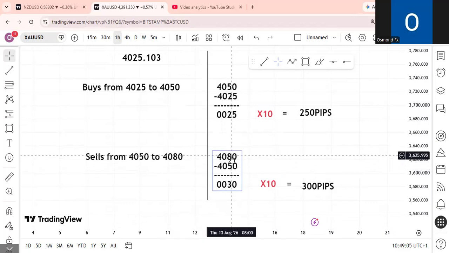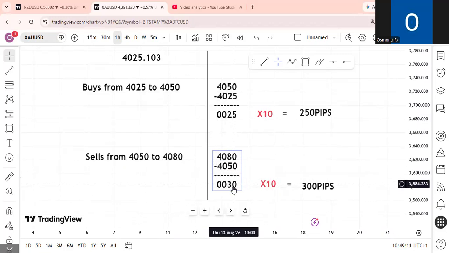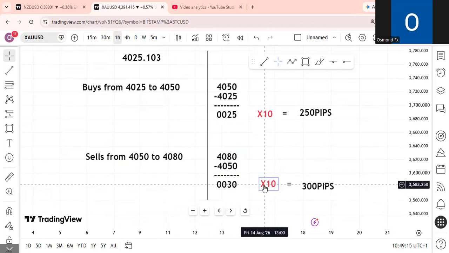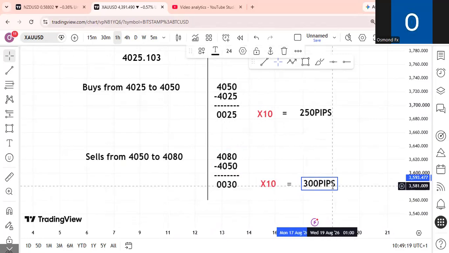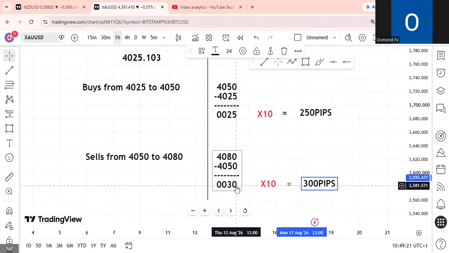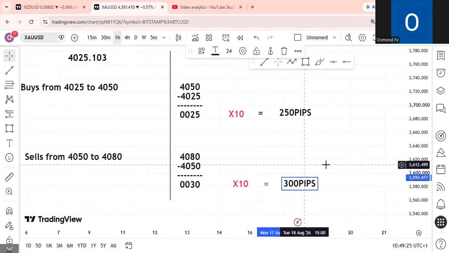Put the higher number up, the smaller number down. Once you do your subtraction, you're going to get 30. This 30, you multiply by 10, which means the market has already moved 300 pips. So guys, this is the fastest way I do this pips calculation.